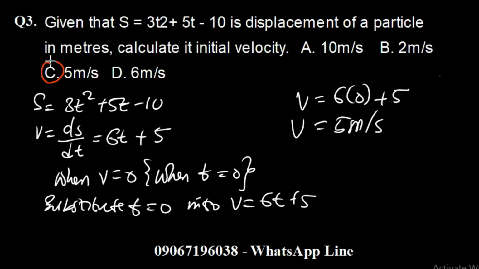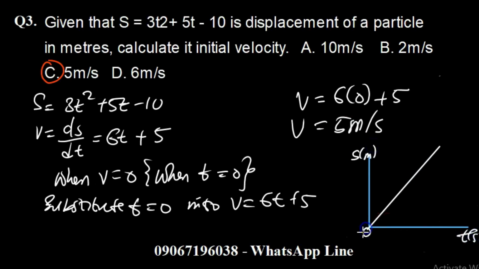Now just to give you a pictorial form of this, what we'll have is a linear graph. Remember that at this point, this is v, and this is your s. These are s in meters and this is our t in seconds.